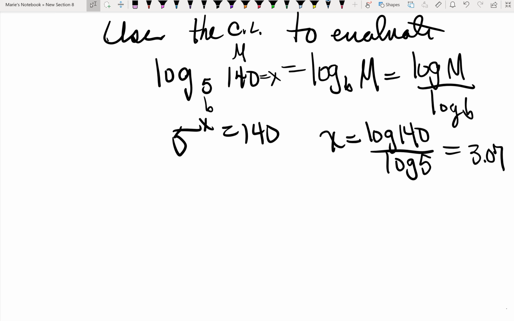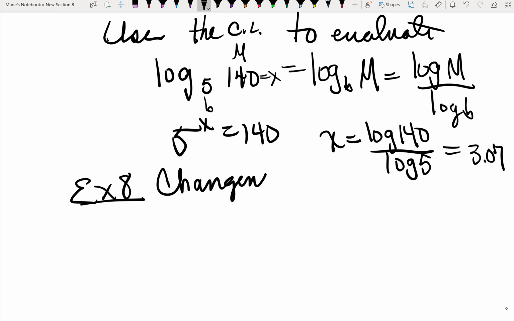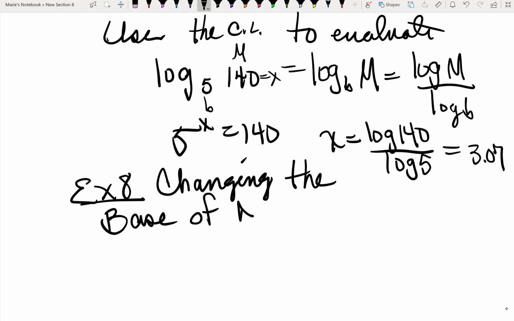Example 8 is no different. The only difference in example 8 is that we're talking about natural logarithms. So we're changing the base of natural logarithms. Same difference.